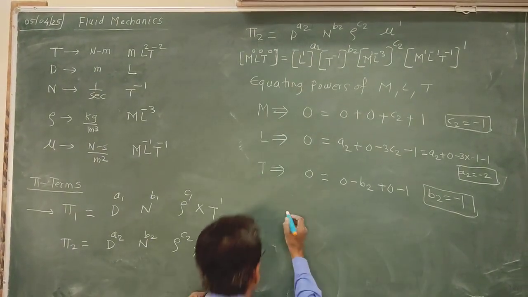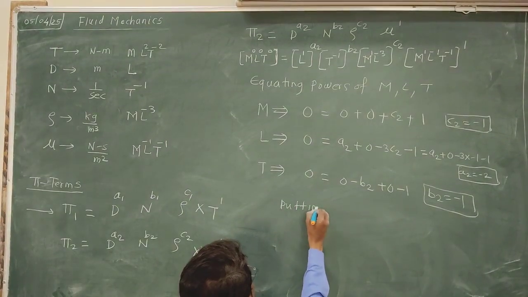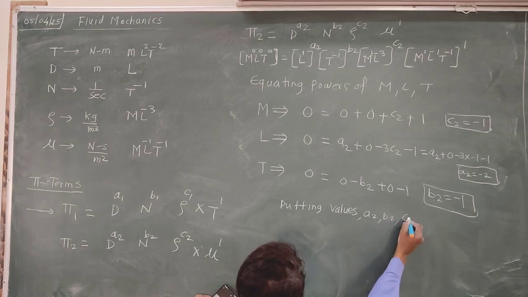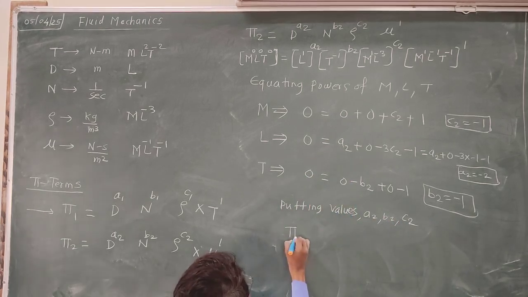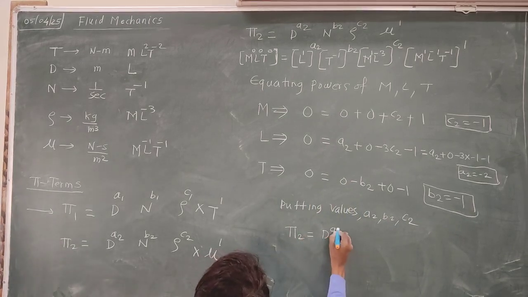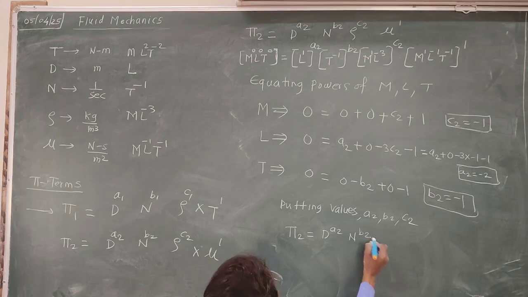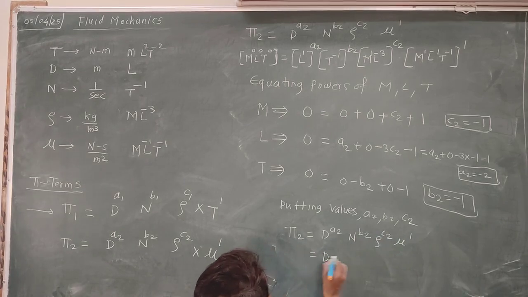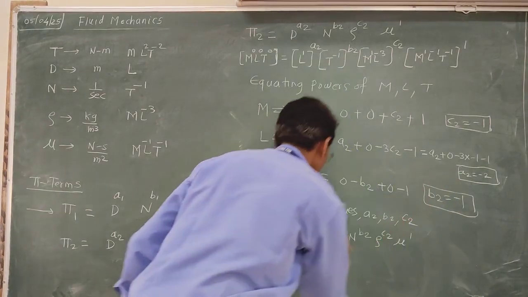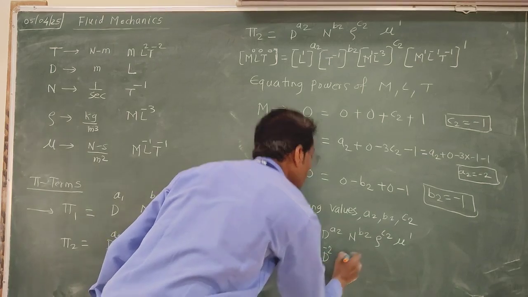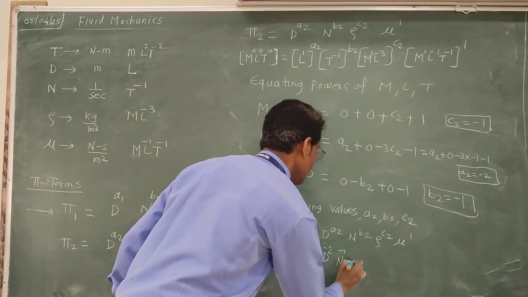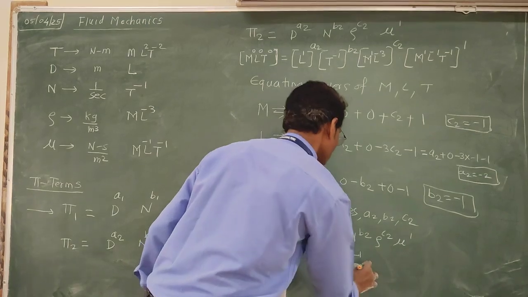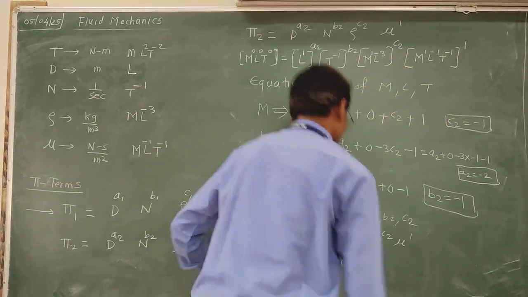So putting the values of a2, b2, c2 in the upper equation, that is the pi 2 equation: a2 value is minus 2, b2 value is minus 1, c2 value is minus 1, into viscosity.